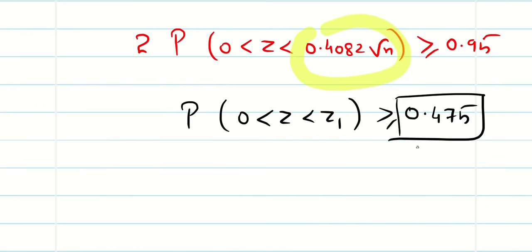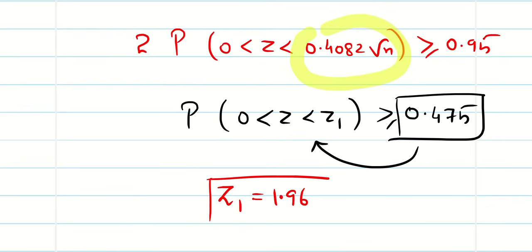For the given area, I have to find z1. You have to go to the table and find the exact value for this area, 0.475, and we can see z1 is going to be 1.96. You can check with the table.